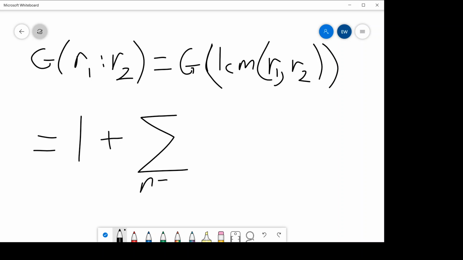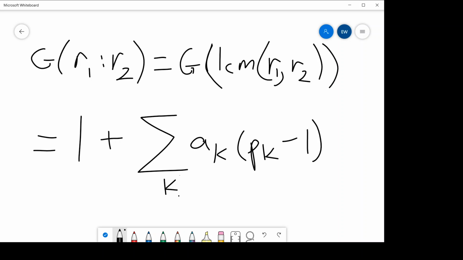So, n equals 1 to whatever. I shouldn't do that. I'll just do a sum over k. So this is big sigma, for mathy boys, of ak times p to the k minus 1, after you break your least common multiple into these parts.